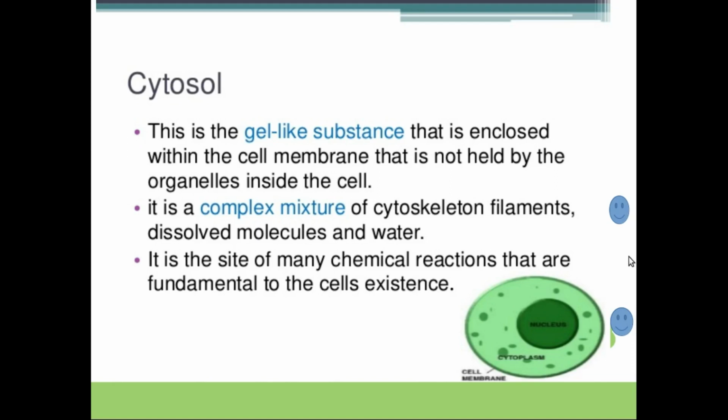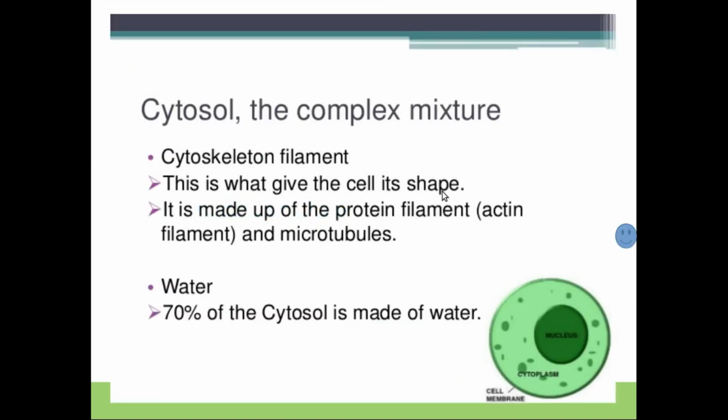We'll see what a cytoskeleton filament is. The cytoskeleton filament is a complex dynamic network of interlinking protein filaments present in the cytoplasm of all cells. It extends from the cell nucleus to the cell membrane and is composed of similar proteins in the various organisms.